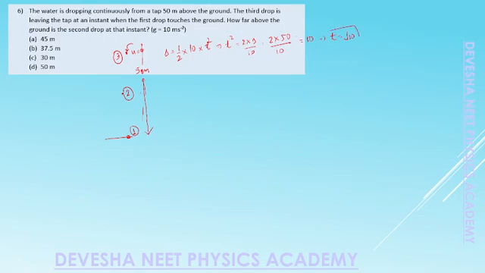So what is this time? This is the time taken for the drop to travel from the tap till the ground. So t equal to root 10 is the time taken to reach the ground.